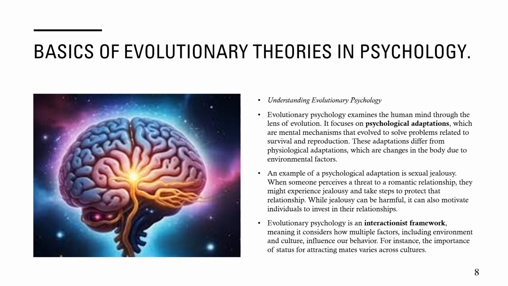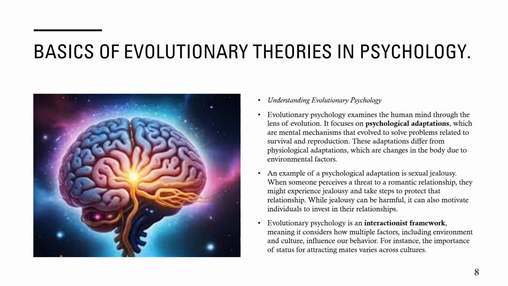Understanding evolutionary psychology. Evolutionary psychology examines the human mind through the lens of evolution. It focuses on psychological adaptations, which are mental mechanisms that evolved to solve problems related to survival and reproduction. These differ from physiological adaptations, which are changes in the body due to environmental forces.